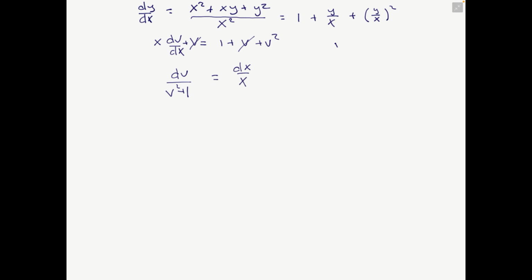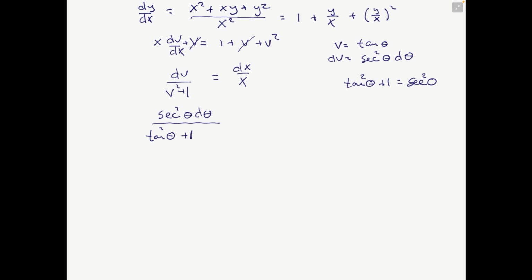So we have v squared plus 1. Let's say v equals tangent theta, dv equals secant squared theta d theta. So secant squared theta d theta on tangent squared theta plus 1, but we know that tangent squared theta plus 1 is equal to secant squared theta.